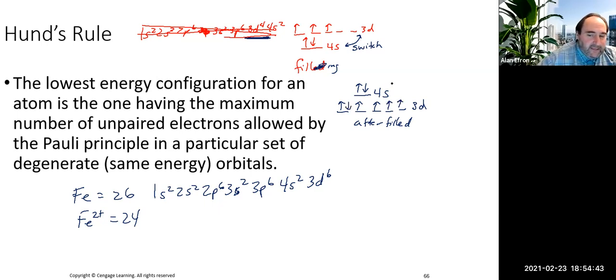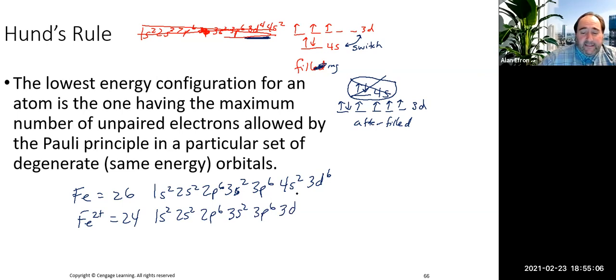Because of that switch that occurs, transition metals will always lose those 2 electrons first. So for those transition metals, 1s2, 2s2, 2p6, 3s2, 3p6, and 3d6, the 4s2 electrons get lost first.